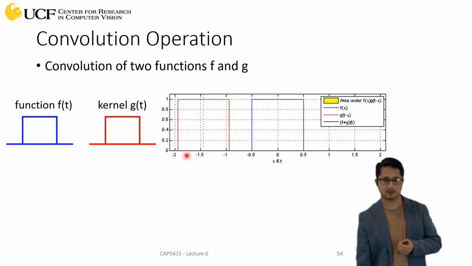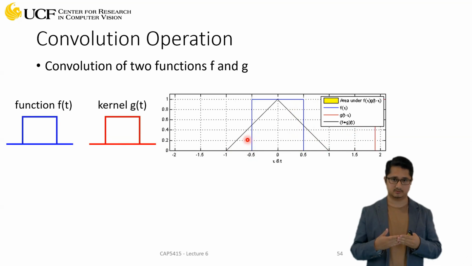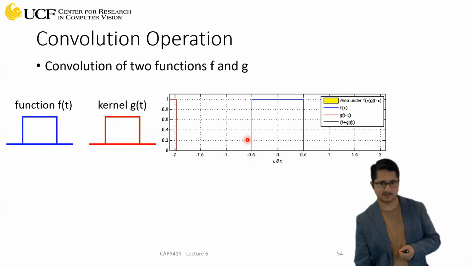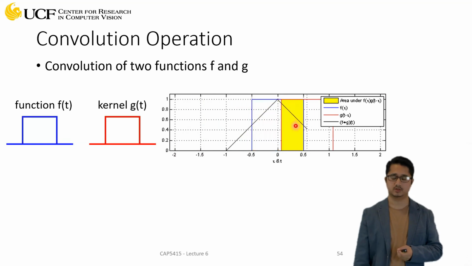So you keep moving towards the right, and you can see it's still 0, 0, 0. But as soon as you reach this location, you see some overlap between the kernel and the function. If you look carefully, this red region here is starting to overlap, which is indicated by this yellow color.